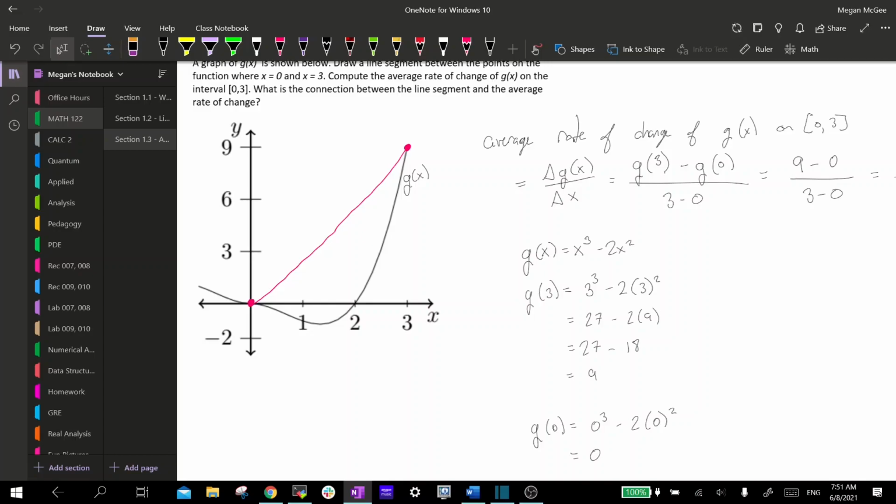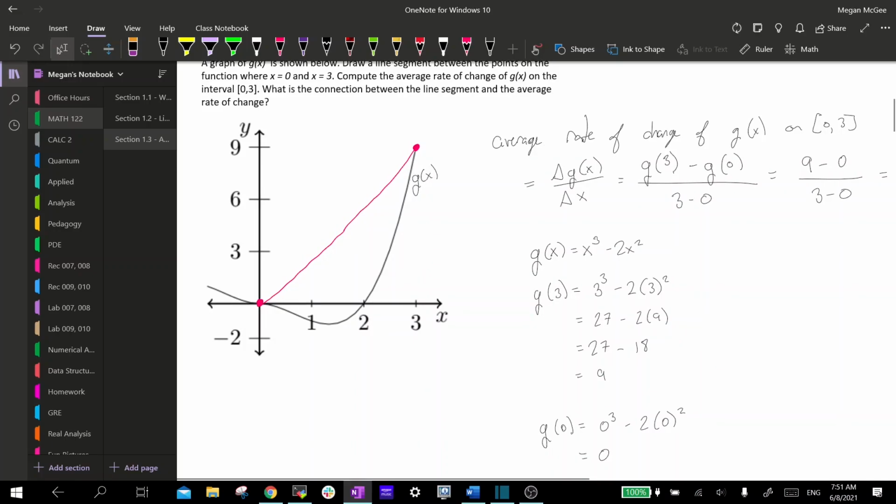The last part asks us, what is the connection between the line segment and the average rate of change? Well, let me give you these points. Here we know that x is 3, and in order to find our y value, we just needed to plug 3 into our function, which we did down here. So we know our y value is 9. Over here, we did the same thing.